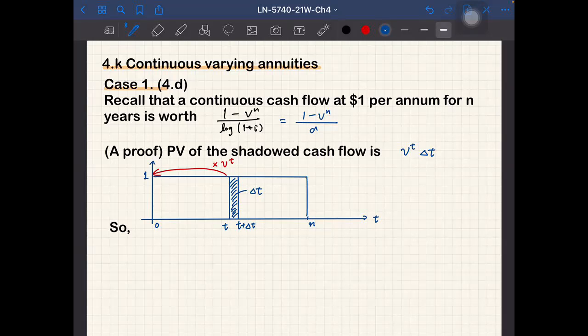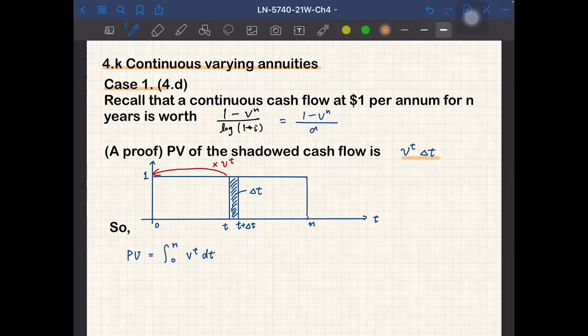So the present value, PV, is equal to the integral from 0 to n of v to the power t delta t. If we go back to the definition of the integral, adding up these v^t times delta t with infinitely small delta t becomes the integral from 0 to n of v to the power t dt.